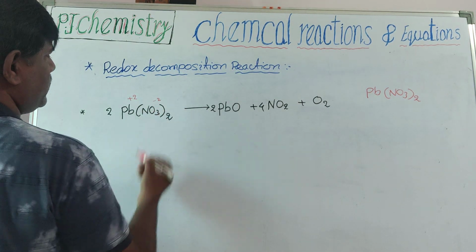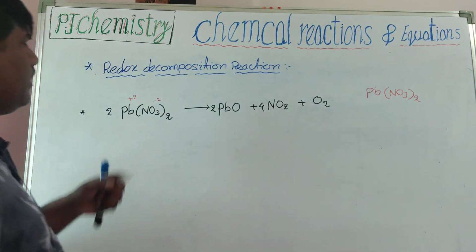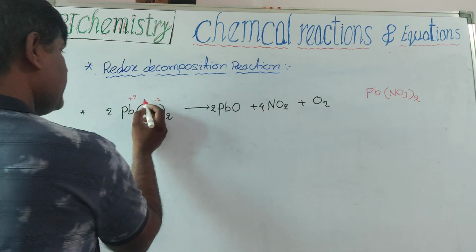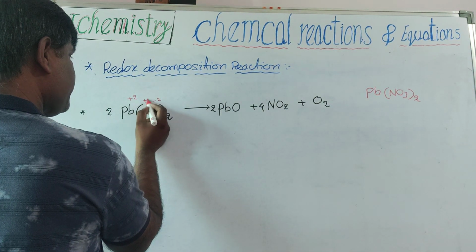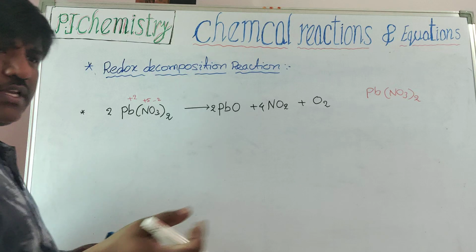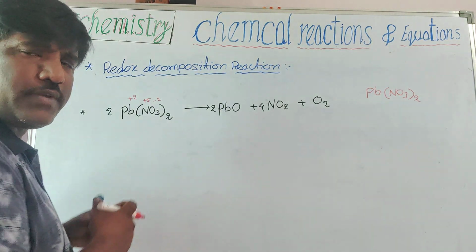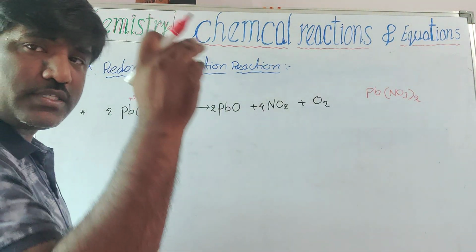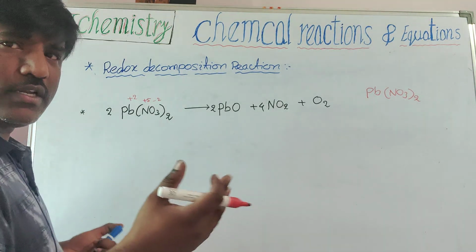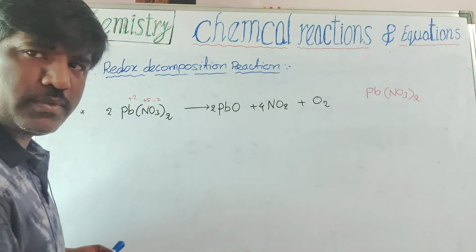Oxygen oxidation number is -2. Oxygen gains 2 electrons. Now here nitrogen. Nitrogen oxidation number is +5. How, sir? Nitrogen actually gains 3 electrons, you know, but here it is +5. Valency means 3, but oxidation number is the maximum possibility.